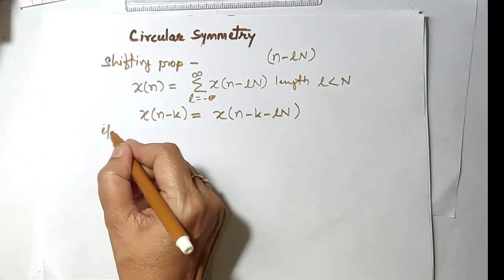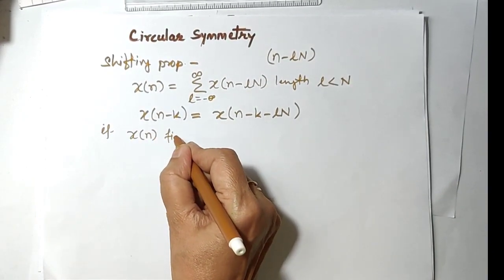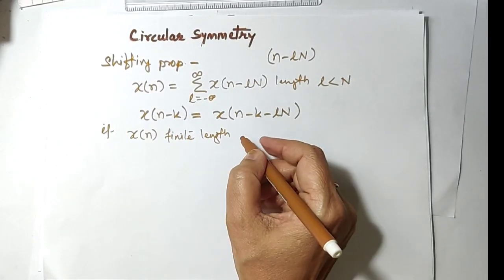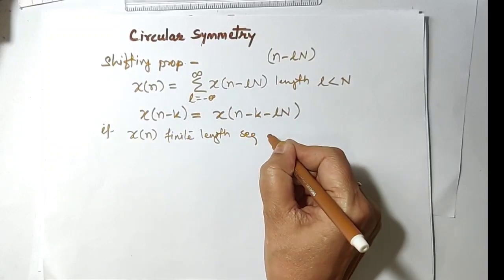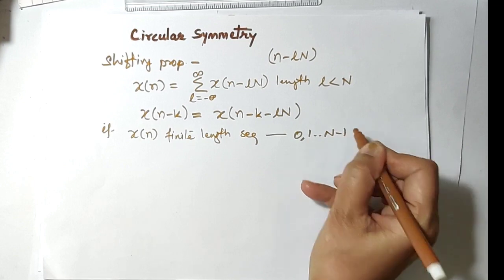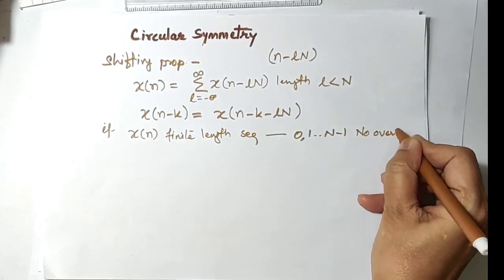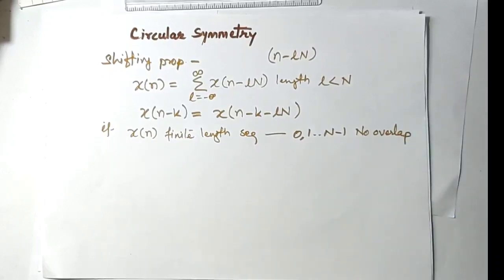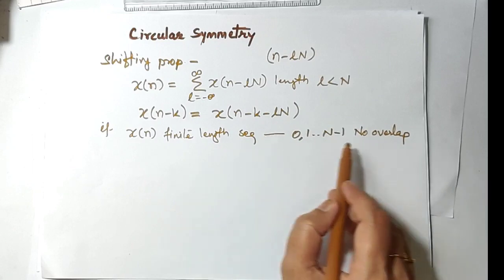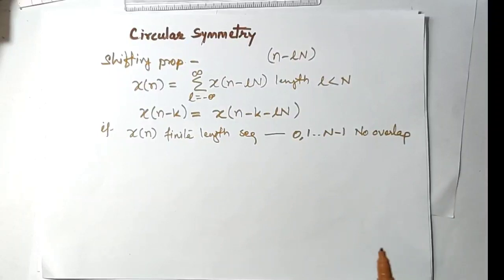And if we take x[n] as finite length, then this sequence varies from 0 to N minus 1 and has no overlap. So it can be shifted. If overlapping is there, we can't shift in circular.